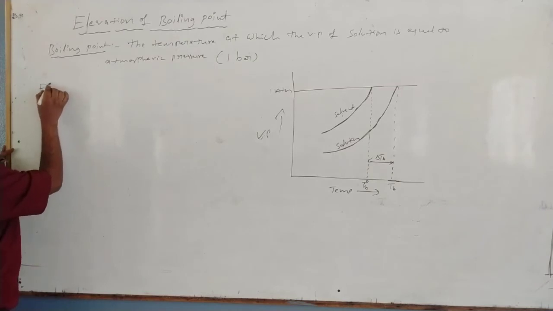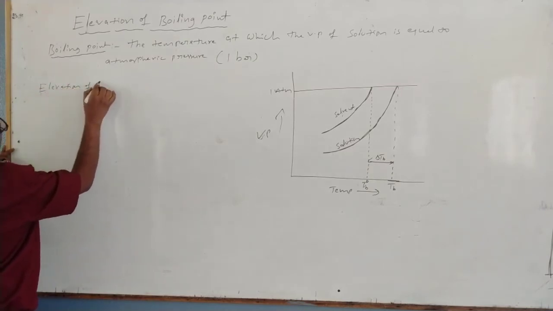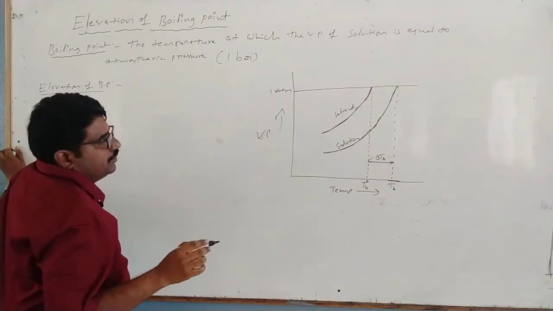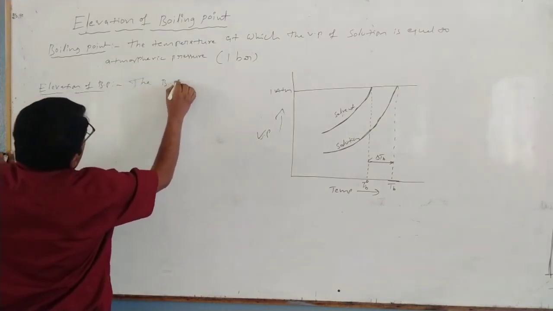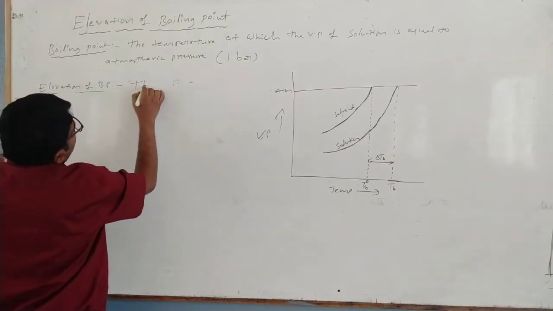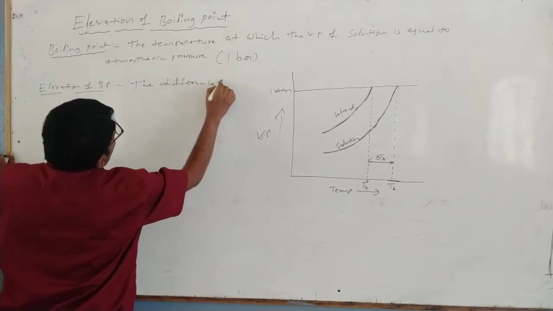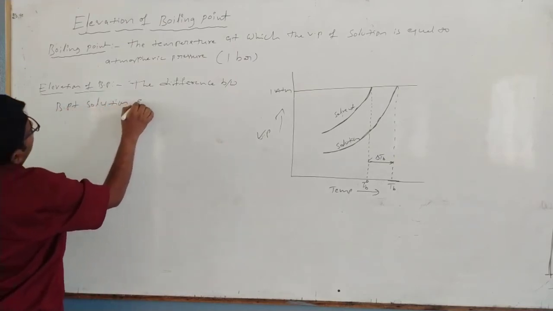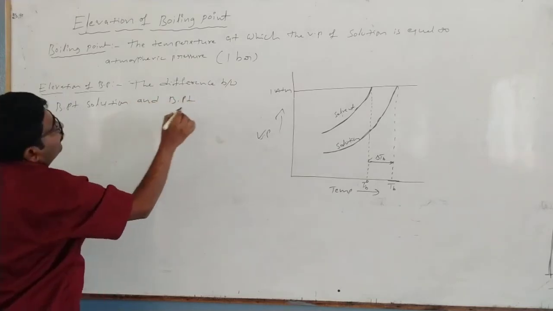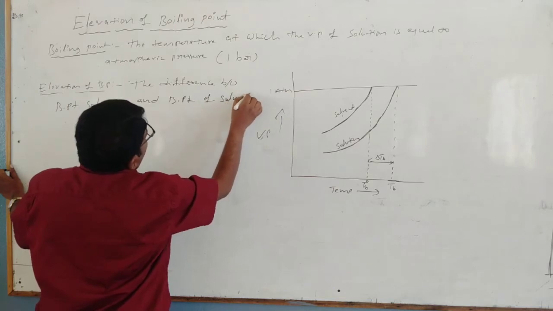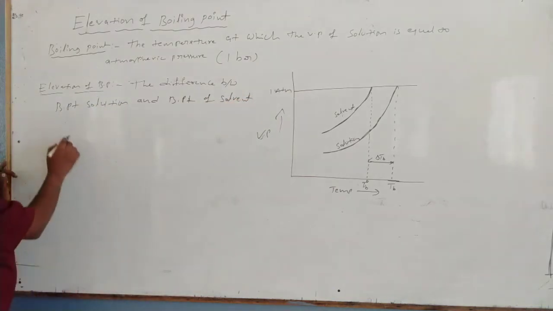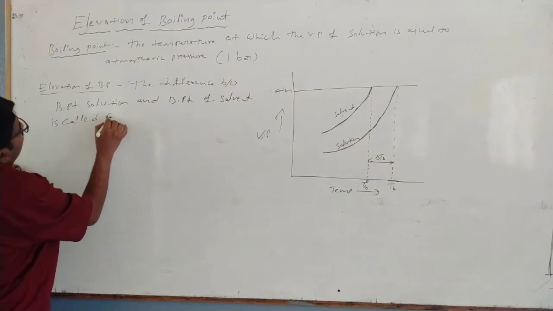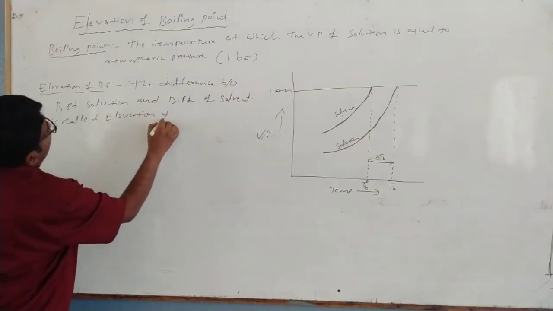The difference between the boiling point of the solution and the boiling point of the solvent is called elevation of boiling point.